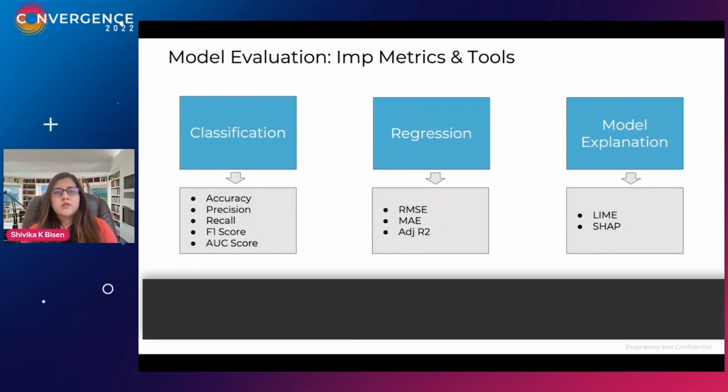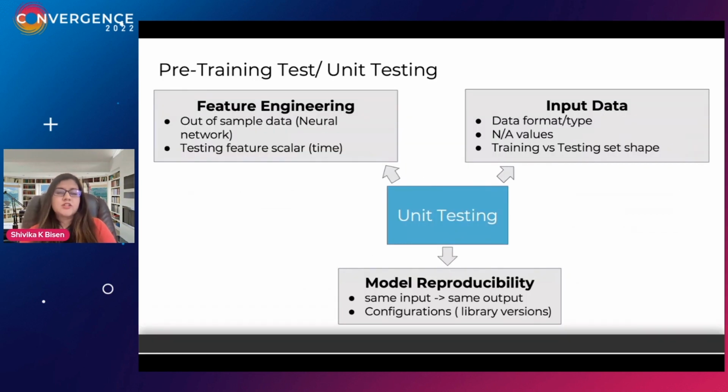So to understand why it is making a certain prediction, we make use of model explanation tools. Some examples are LIME and SHAP, which help us understand which feature is playing what role in the prediction we made. So these are handy tools that help in model evaluation.